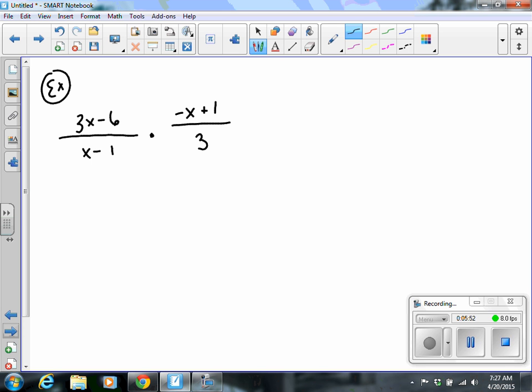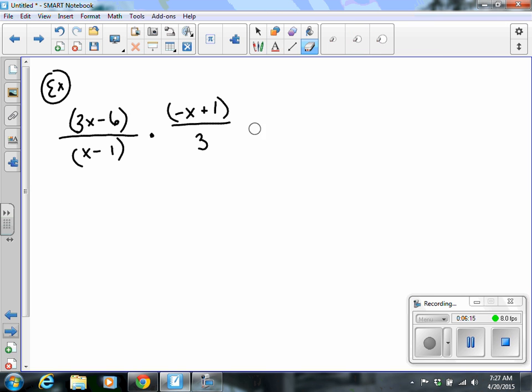Now, when I'm multiplying straight across, that was if my coefficients were just numbers, where in this case, we technically have polynomials. Okay, so this is a little bit different of a process. I am going to multiply straight across, but I'm also going to factor.